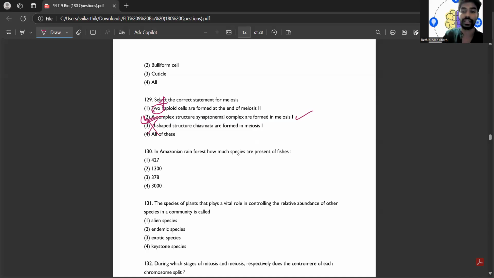So 130, it's about how many species of fish are present in the Amazon rainforest. That is the question.